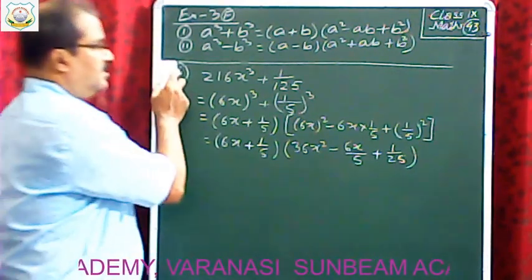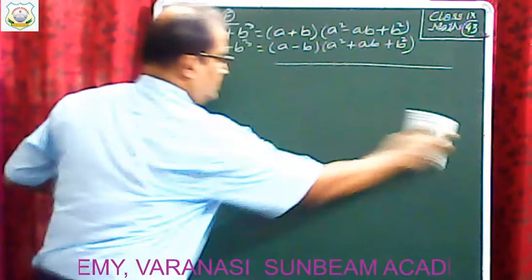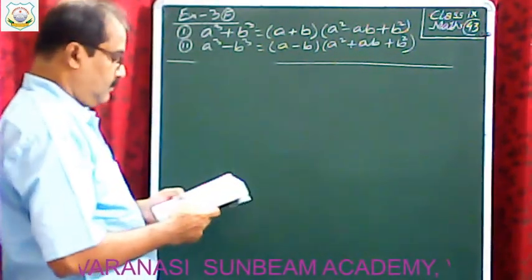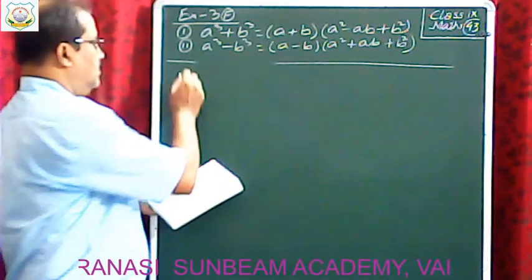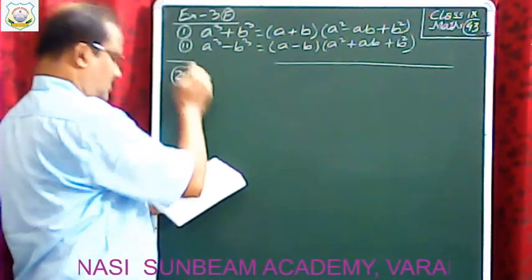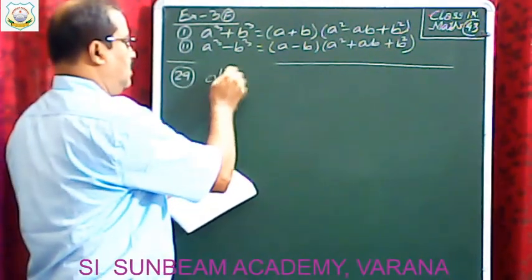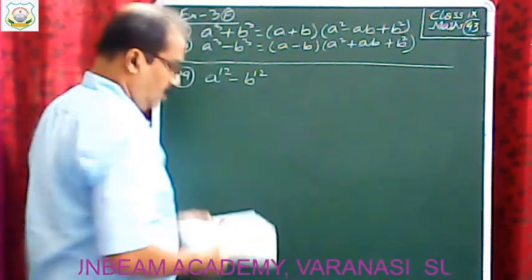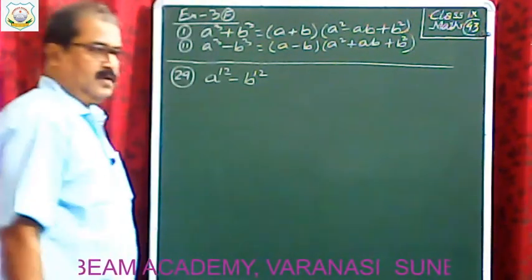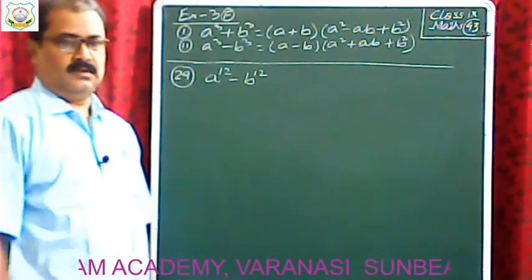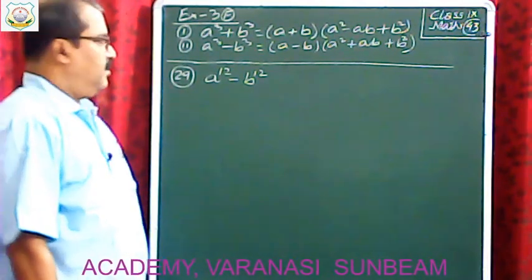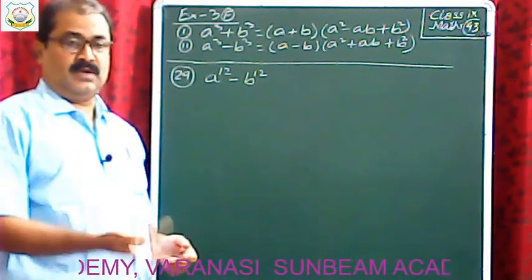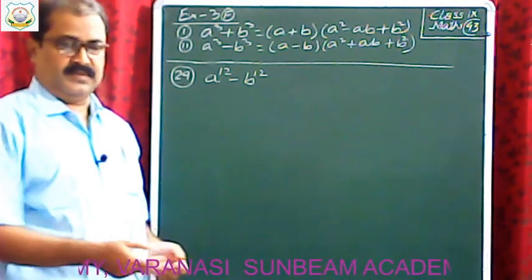Okay, come to next. Factorize a to the power 12 minus b to the power 12. Okay, there are two terms. If the given binomial is expressible as a square minus b square, then you have to express it that way and proceed.